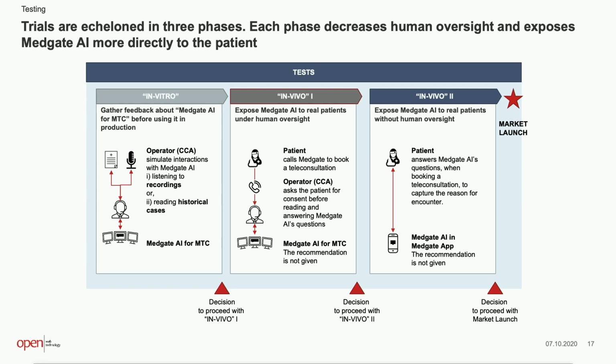So we got direct, immediate feedback of what the patient was really thinking. So we could also detect weird behavior of the AI. One example is, okay, I have a pain in the arm. So the AI was asking, is it the right arm? And you say no. And then it will say, is it the left arm?